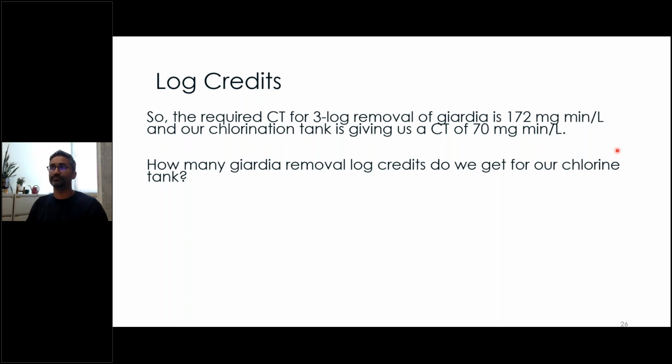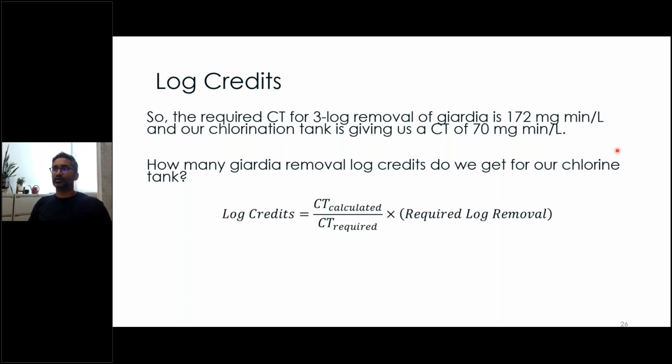And then the question is, well, how much credit can I get for log removal based on having 70 instead of 172? Okay, so to do that, the log credits that you can say that you've achieved are determined by dividing the CT that you've calculated for your system by what's in the table as being required for 3 log removal, and the amount that you get credit for if you were to achieve that required CT.